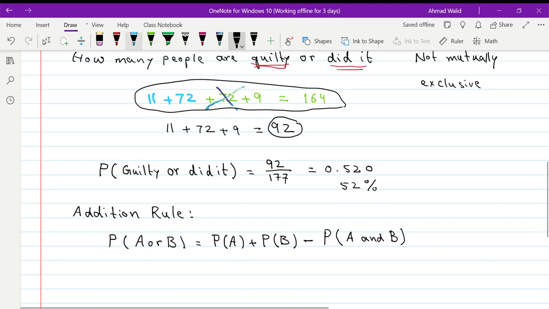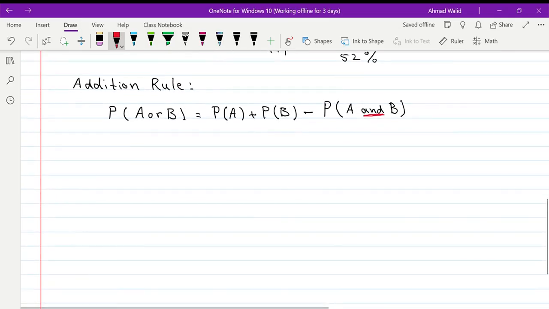This word is tricky: and. In this lecture, and has one meaning, but in my next lecture, when I explain the multiplication rule, and has another meaning. Let me give you a little note here.